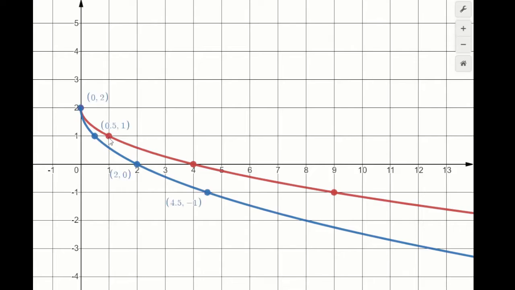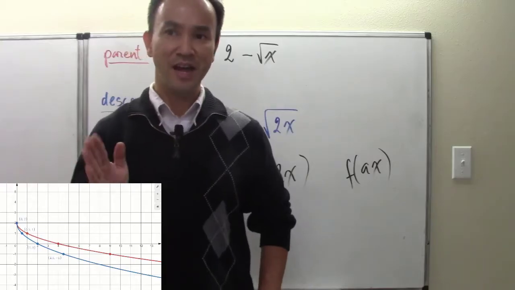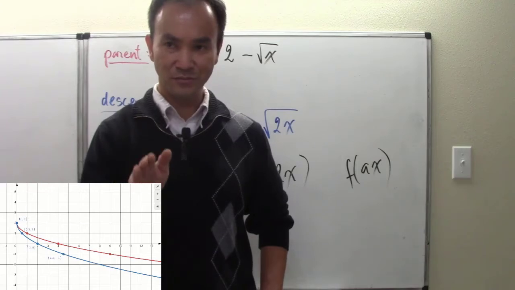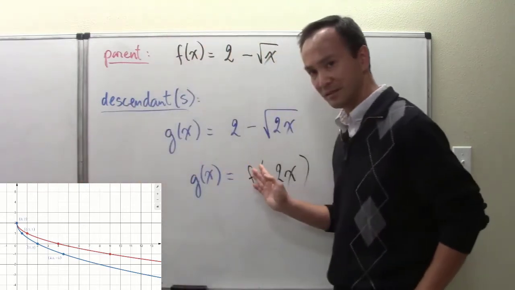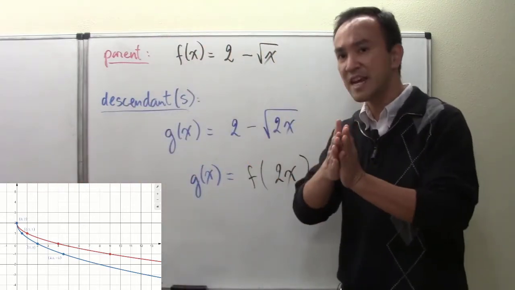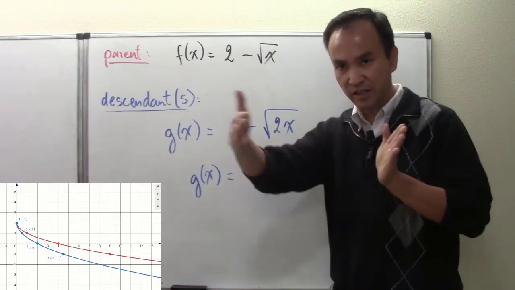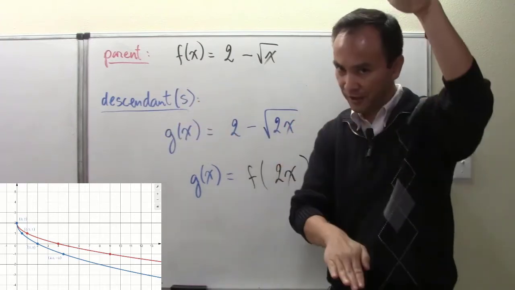With all of these corresponding guiding points from the parent function, now on the descendant function here, they all pretty much stay the same height, but these corresponding points come closer to the y-axis. So now that confirmed for me that what I just did here did some scaling. It did some scaling horizontally, but not vertically.